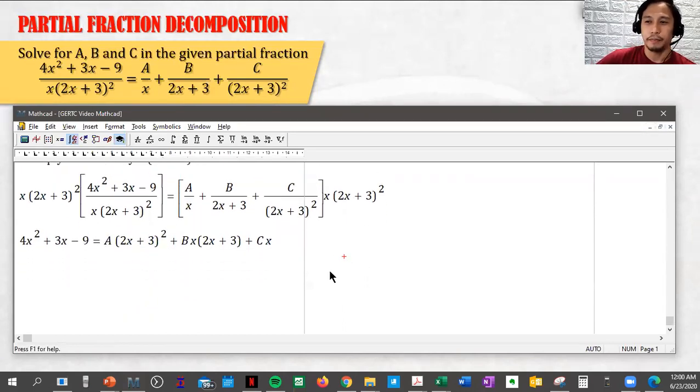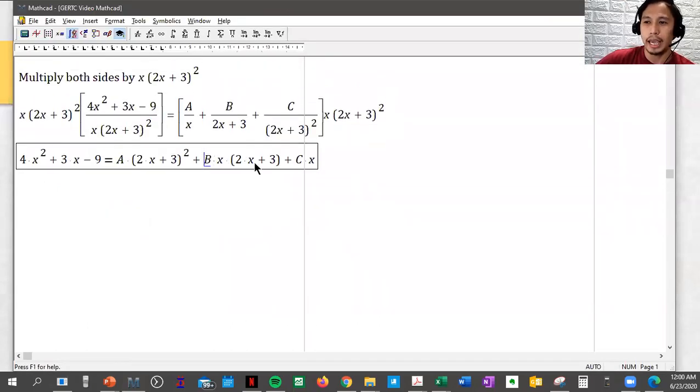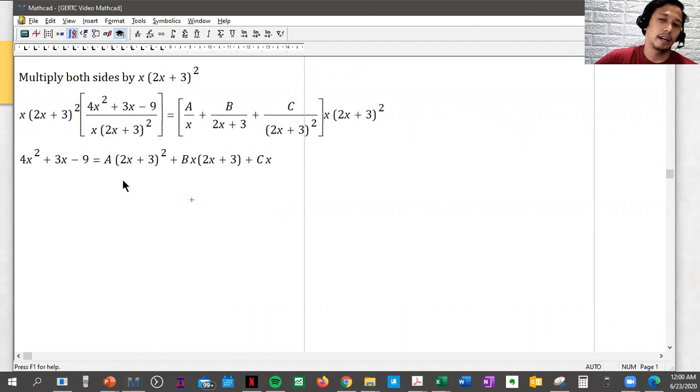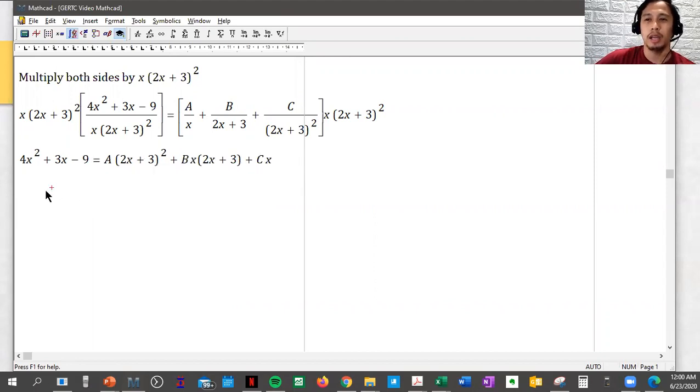So, that's how it is. Now, after that, for us to solve for a, b, and c, let's analyze. What could make these two terms 0 or neglected? That is by making x 0. Upon making x equal to 0, they cancel. They are neglected, and a will stay to be the only variable.